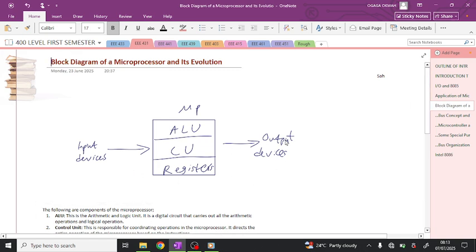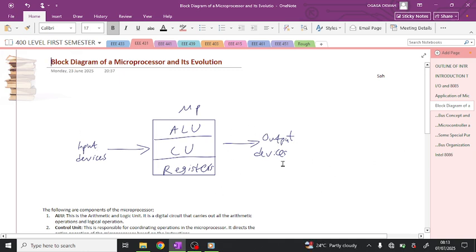And we're given in class that this is the major component. When I say components of a microprocessor, the one that really stands out. Yes, there are other components, but basically the arithmetic and logic unit, control unit, and then registers. Of course, input and output device.